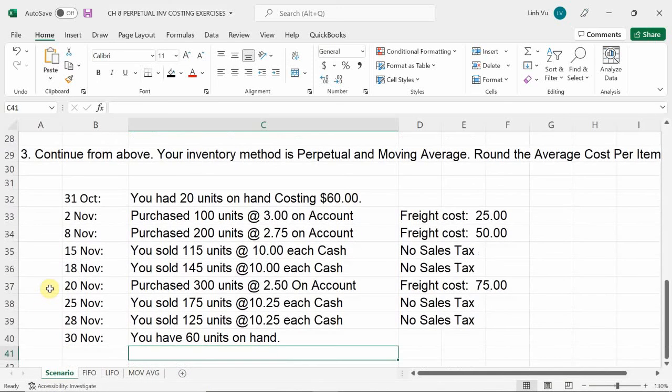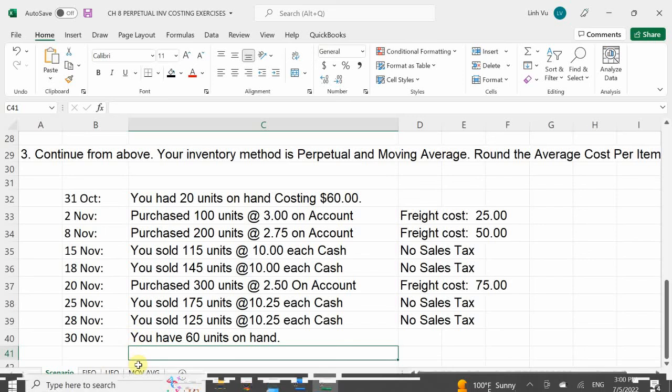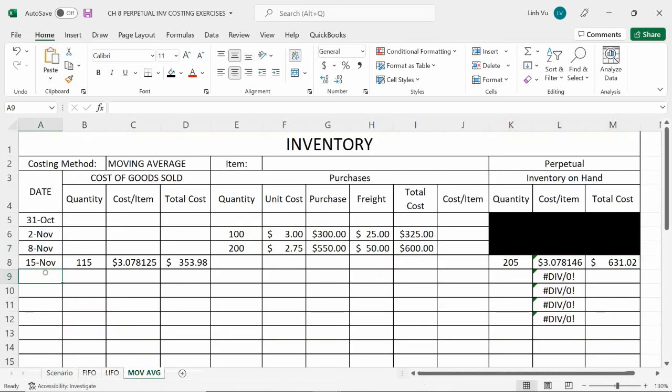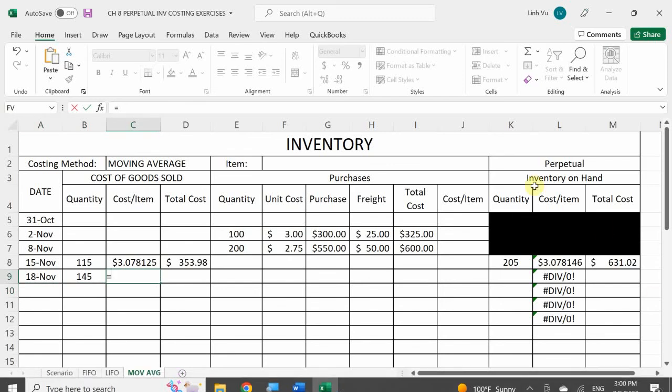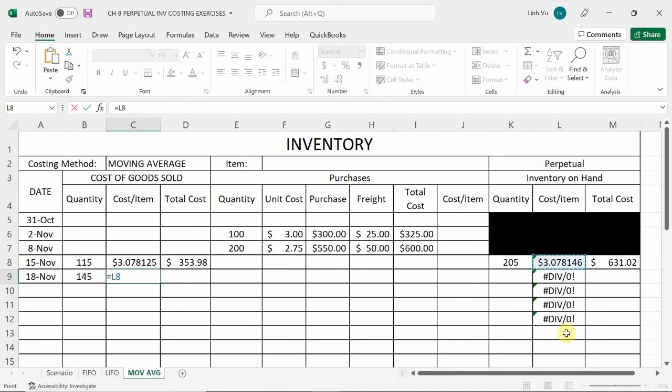Then on November 18, I end up selling 145 units. Right now, my average cost is 3.078146.